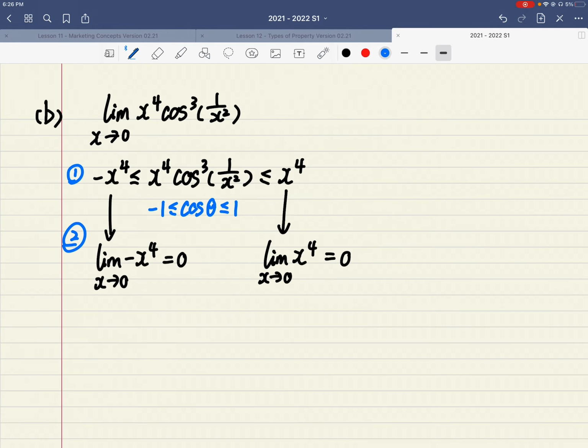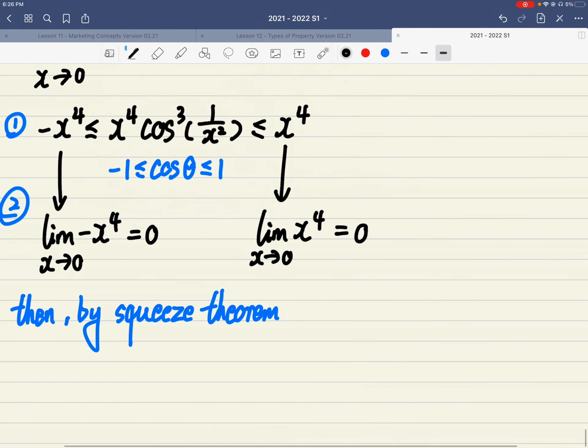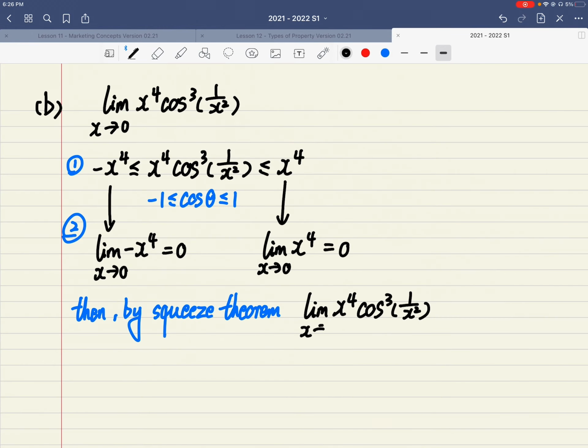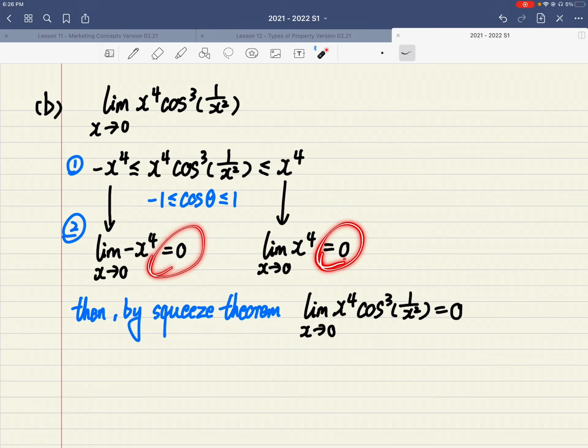Then you can make a conclusion by the squeeze theorem: the limit of the function in between is also the same value. This limit is also 0, the same as the left-hand side and the right-hand side.